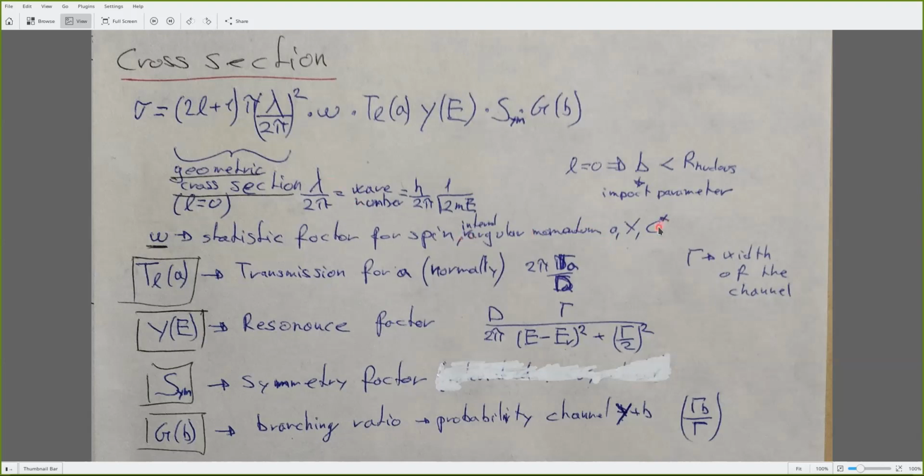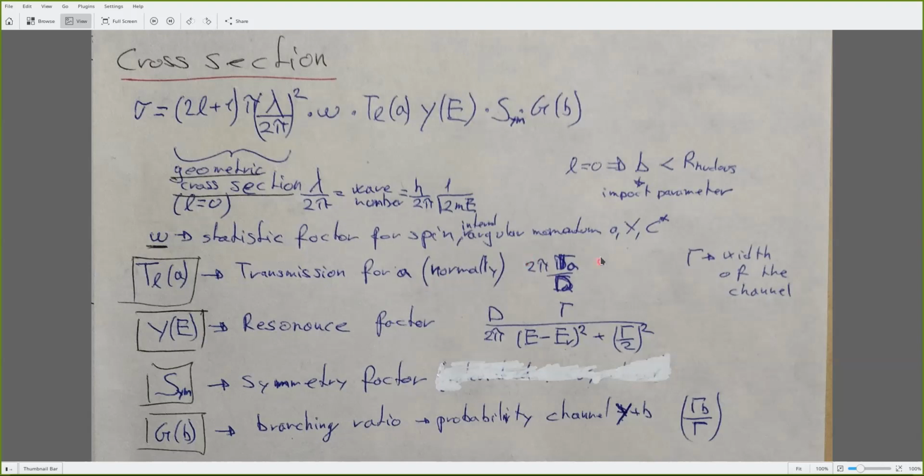You can have a correction for the angular momentum of the interacting particle, also considering the compound nucleus created by the reaction. Then there is what we are most interested in, the transmission, the part that now also considers the tunneling effect.